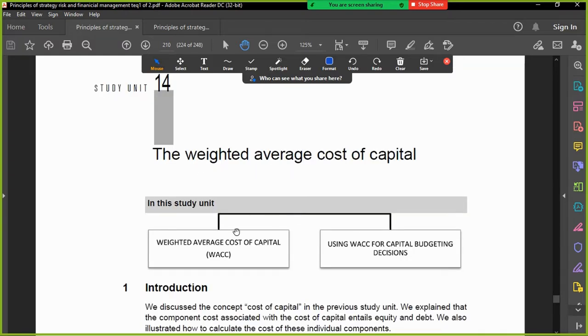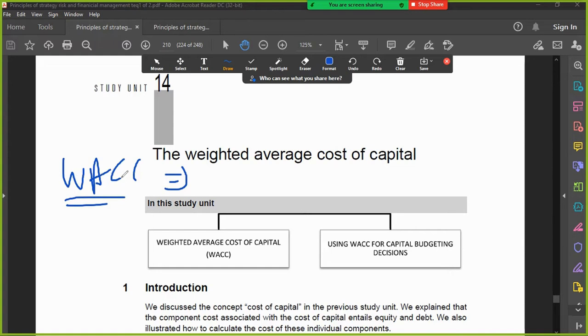WACC, as I said earlier, was just a weighting. I'm going to write down the formula here quickly, and then maybe when you go through it yourself, you can just keep this in mind. I think I do have a video on this actually. I'll go check what I have, and I'll see if I can share stuff that is relevant. So this would be cost of debt times the weighting for the debt.